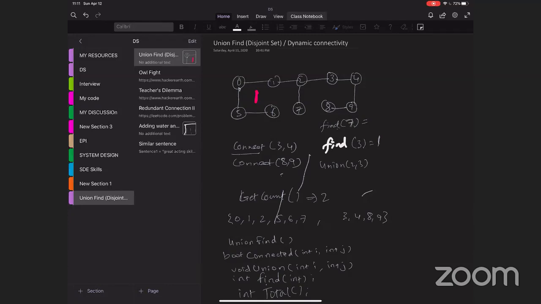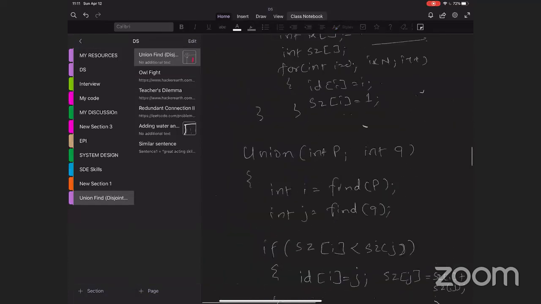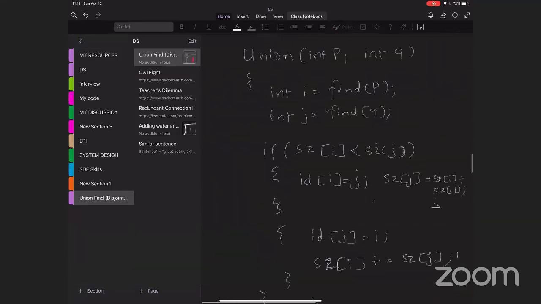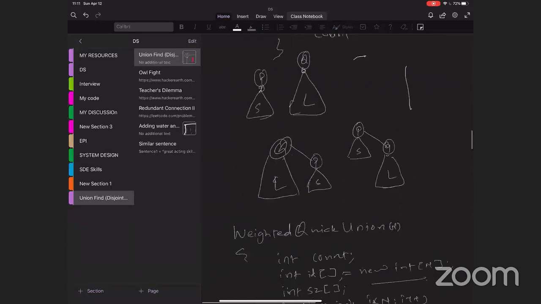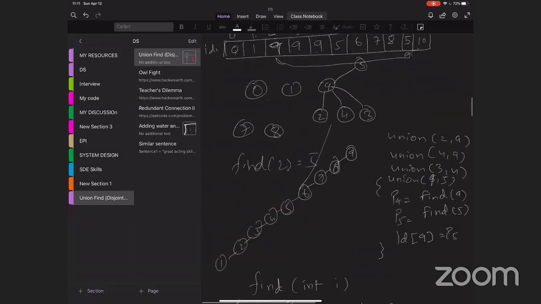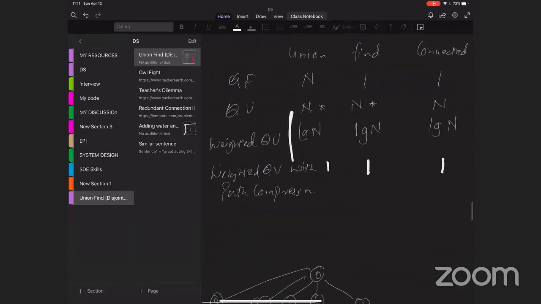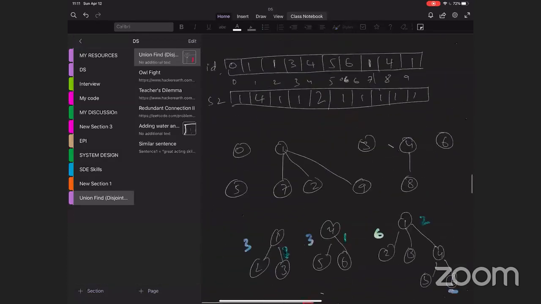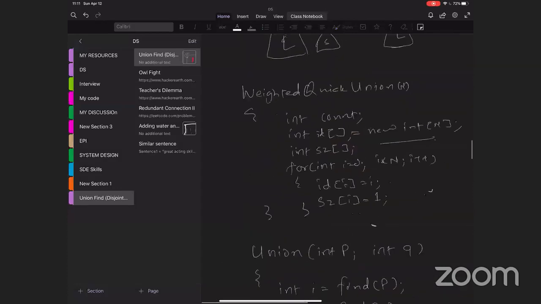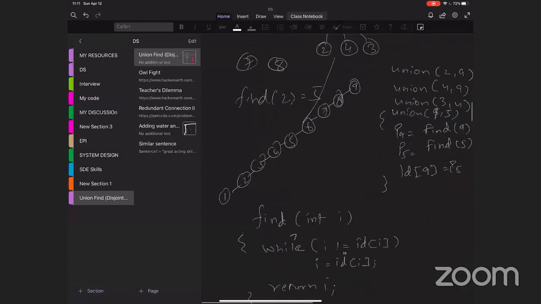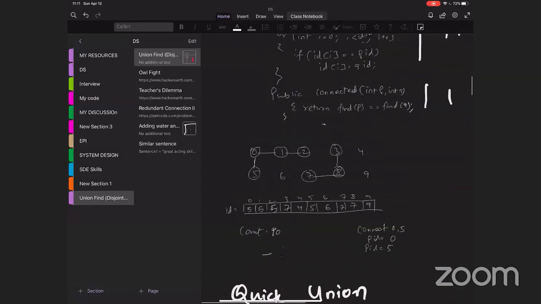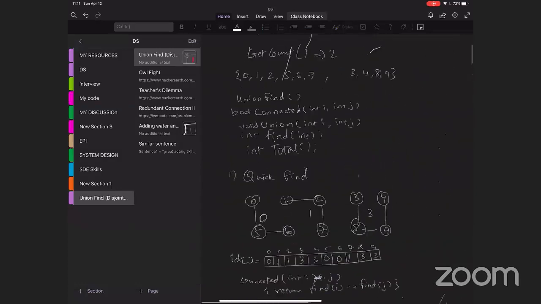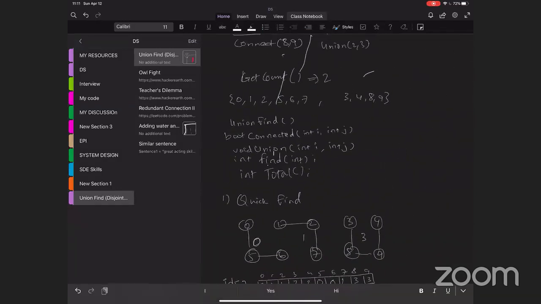Basically, see what we have seen. You are going to ask a couple of questions to your data structure, union find. It is connected or not, and union. Find is basically used internally.